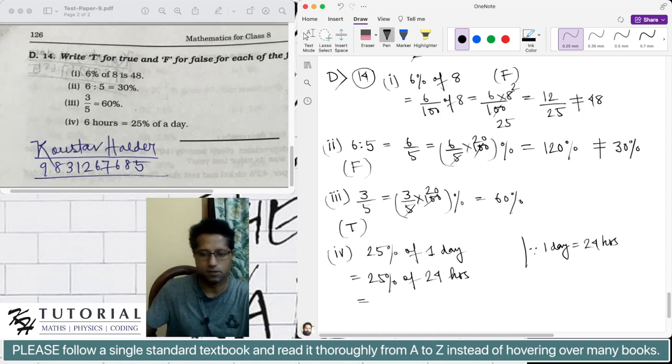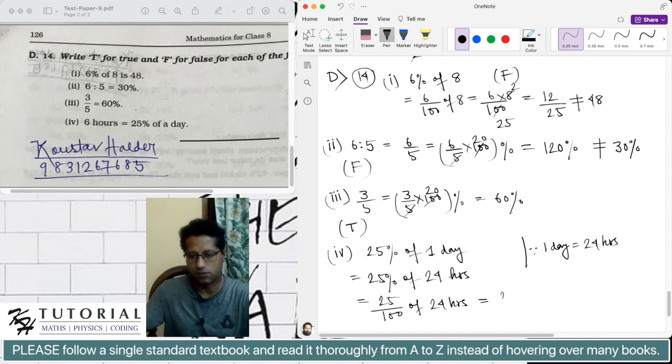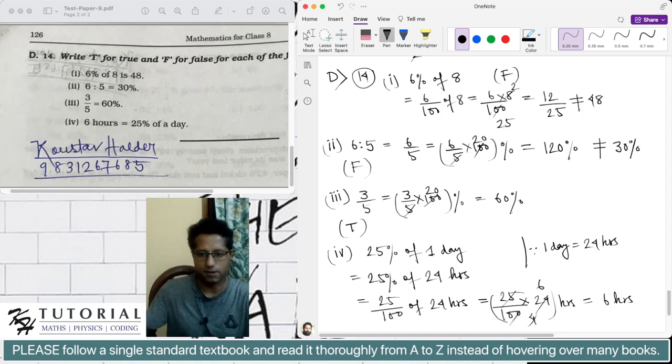Now 25% means 25 by 100, and we have of 24 hours. The of operator means a multiplication, so we have 25 by 100 multiplied by 24, this much hours. Now if you simplify, this is 4, and this is 6, this is 6 hours. Hence the statement is true.